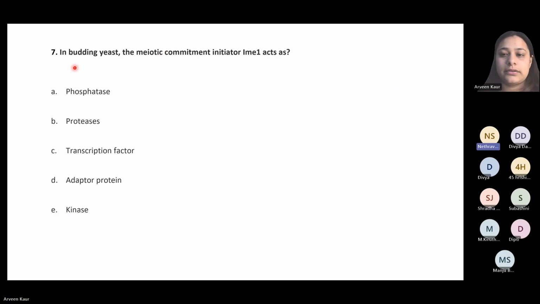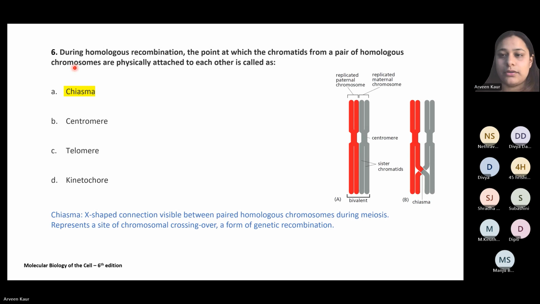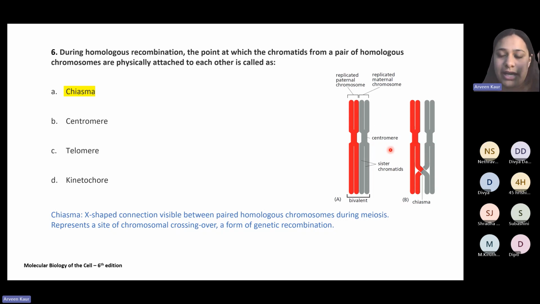Ma'am, can you just repeat what you said? Okay. So one of the key differences between chiasma and centromere is that a centromere is a point of attachment of two sister chromatids among themselves.